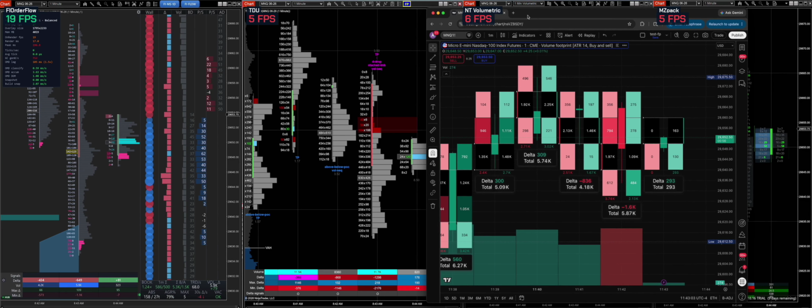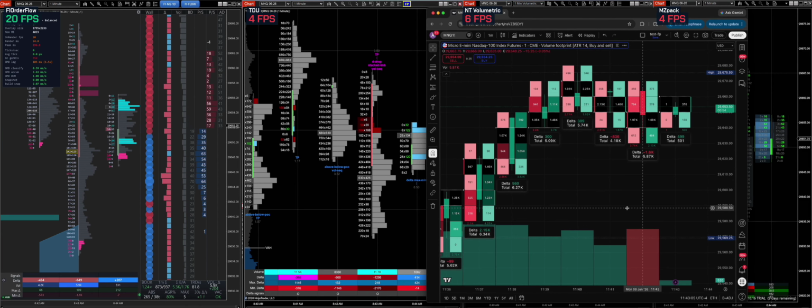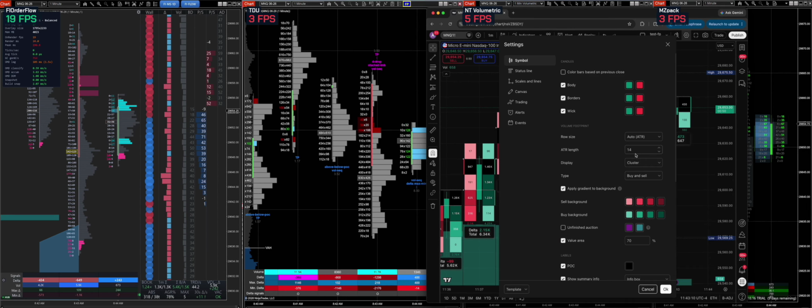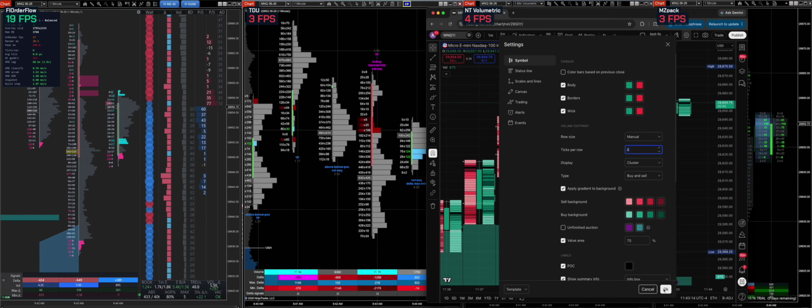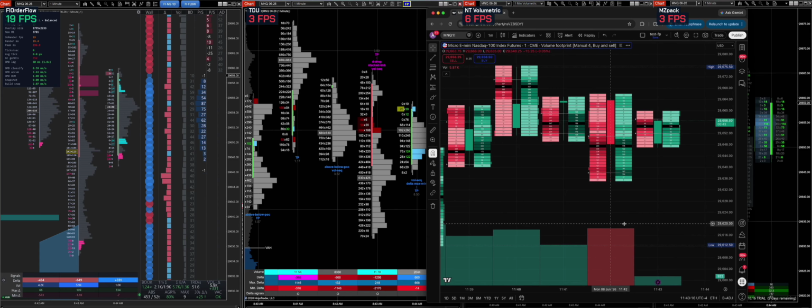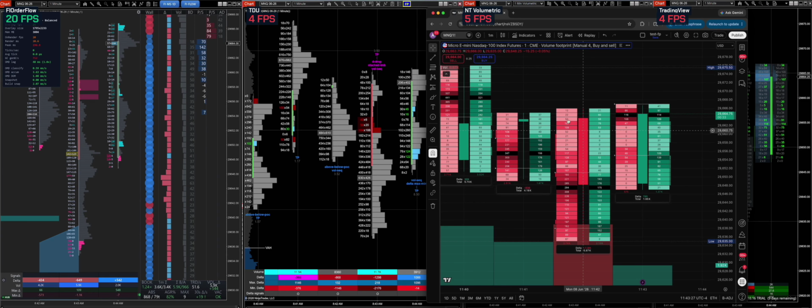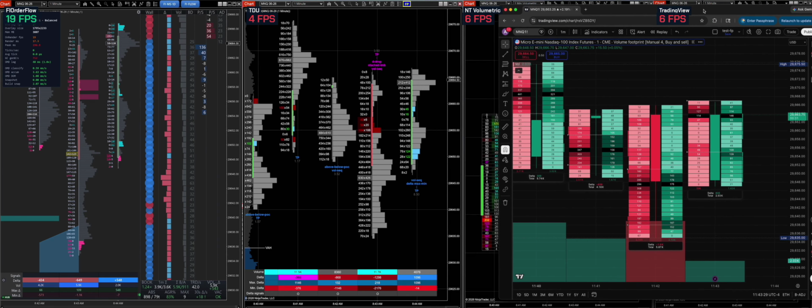And mind you, I don't know all the bells and whistles on how to configure their footprint, so I'm just playing around with some of the tick aggregation, just so you can actually read the bid and ask on MNQ, because as many of you know, the NASDAQ is very active with a lot of price levels per bar.